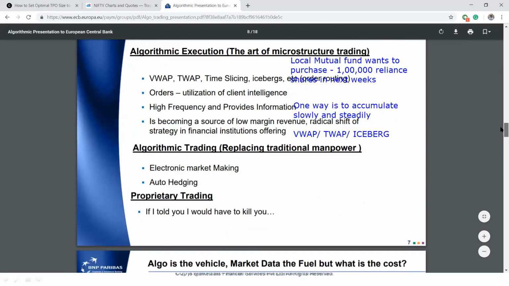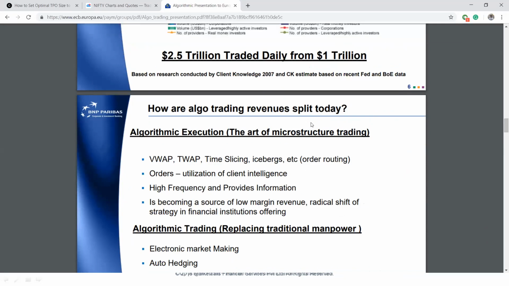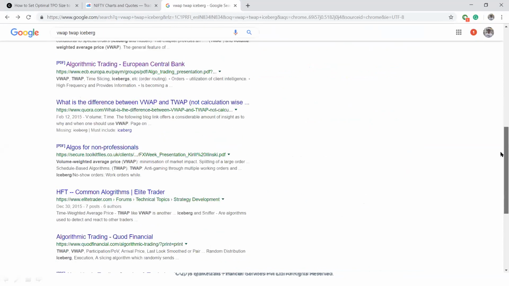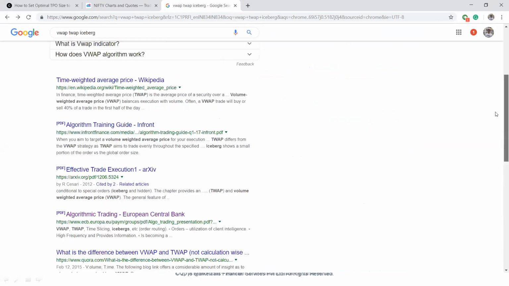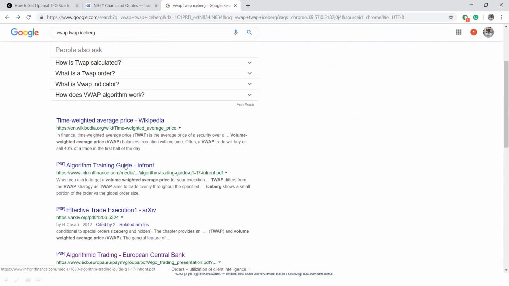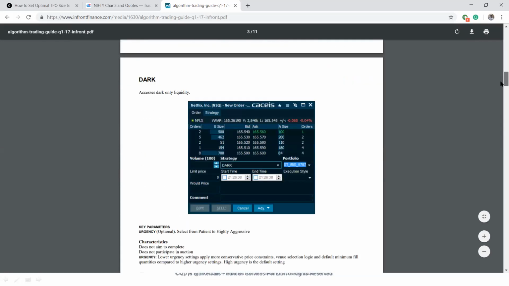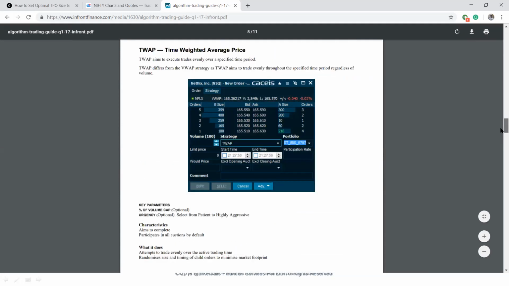There it is. All these things are automated now: VWAP execution, TWAP execution, time slicing, iceberg orders, order routing. Many examples are available on the internet showing how VWAP and TWAP orders get executed.